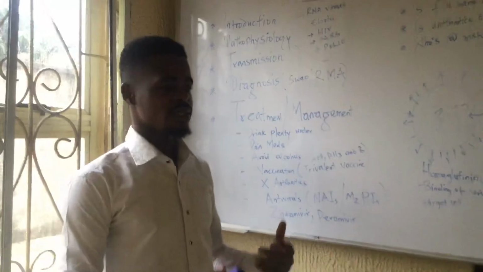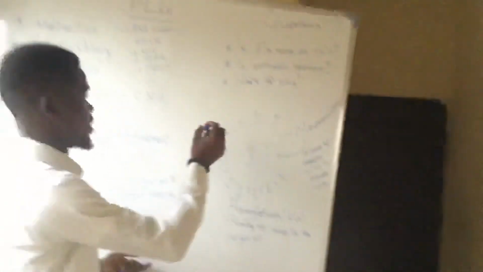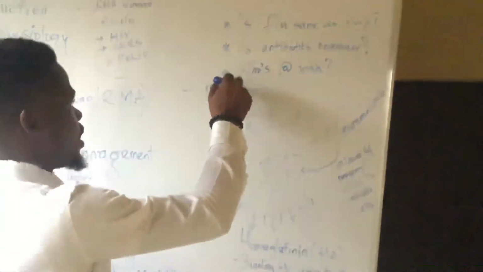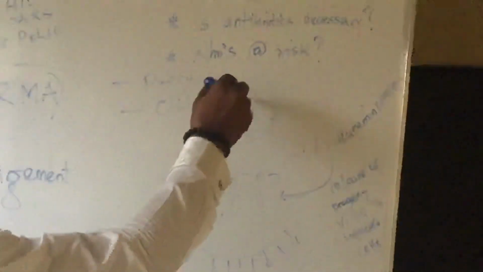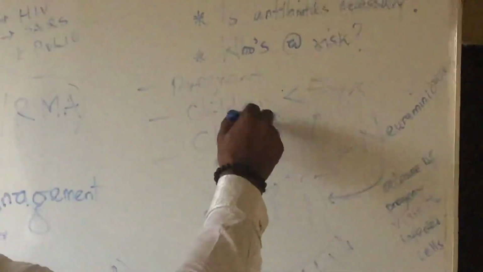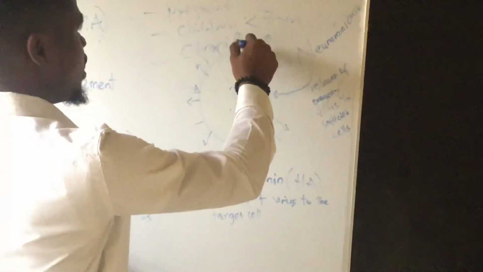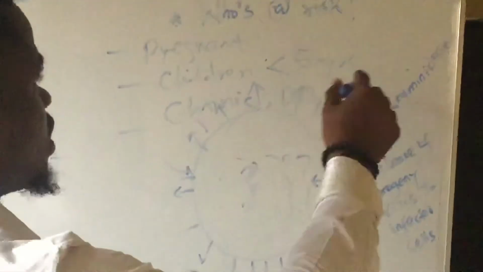But when the body system is compromised, for example, maybe you're looking at pregnant women, children, maybe school children less than 5 years, and people with chronic conditions, like I mentioned before, diabetes mellitus, HIV, and also elderly patients.